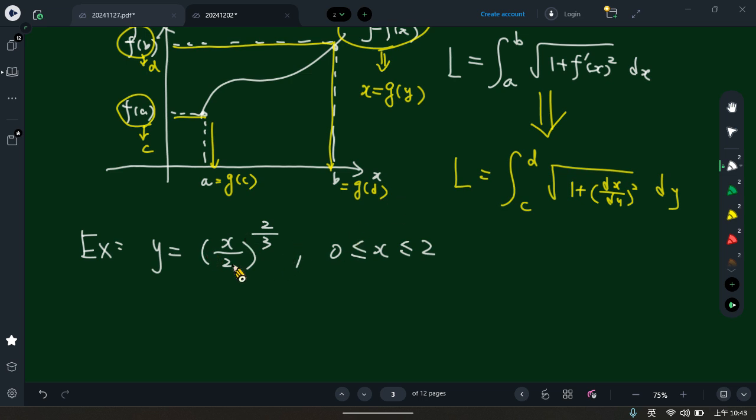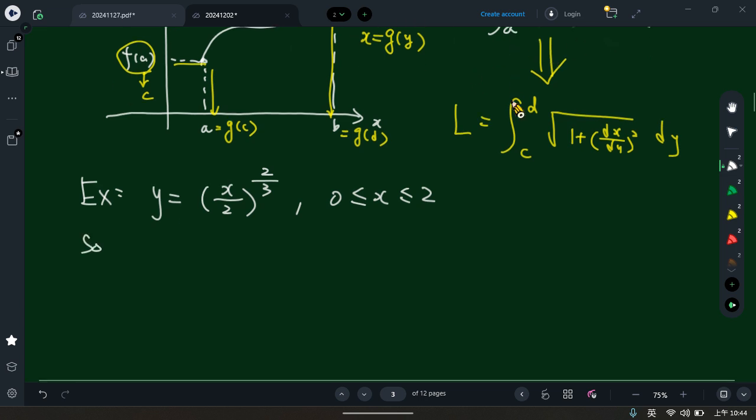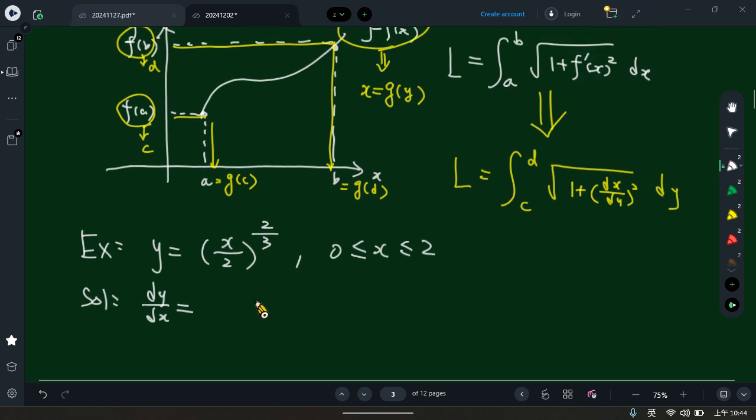Of course, when you just find this question, intuitively, you will just follow this rule. So, okay, so we will get this ready, right? If we want to prepare this one, of course we need to get dy over dx first. So if we can calculate it, you will become this one.